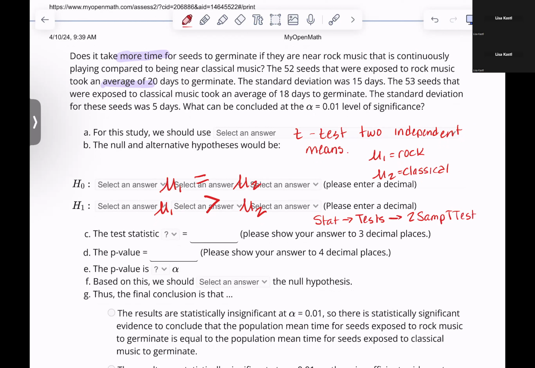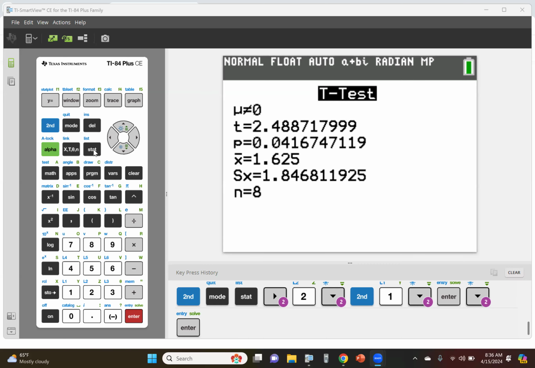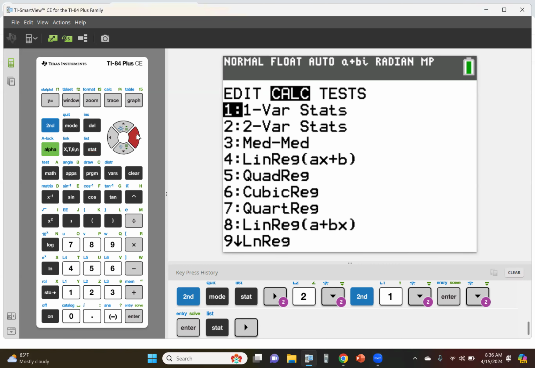And we're going to run it on our stats because we're going to put our stats in. We're not going to put data in. Okay, so I'm going to go stat tests.